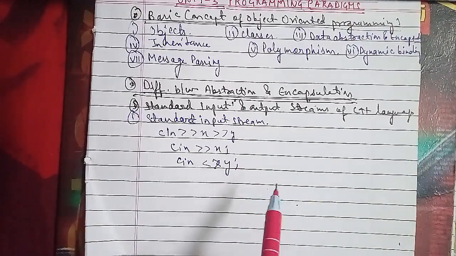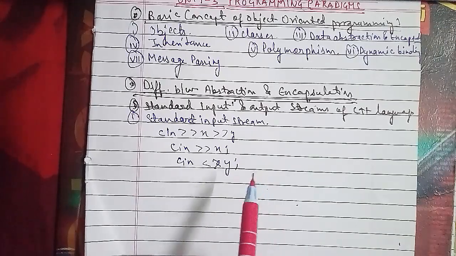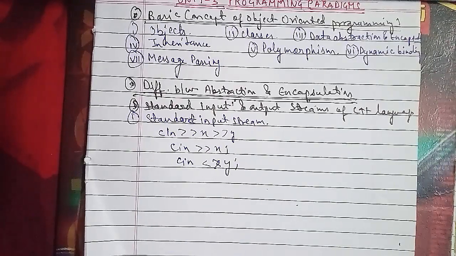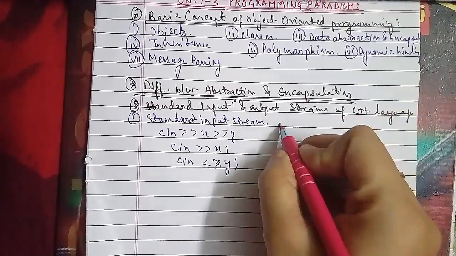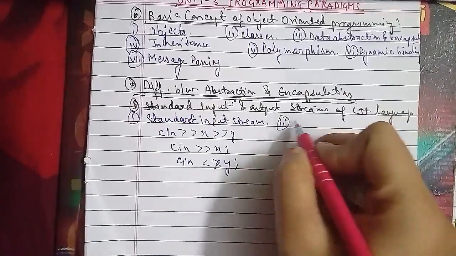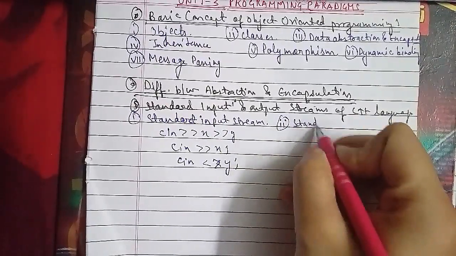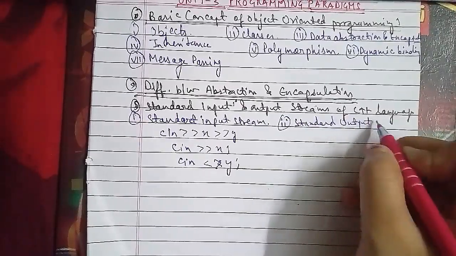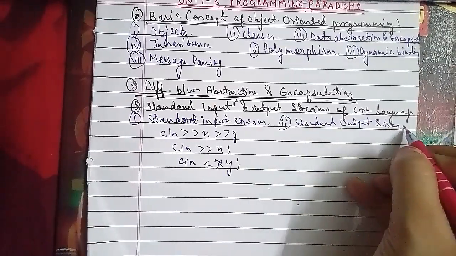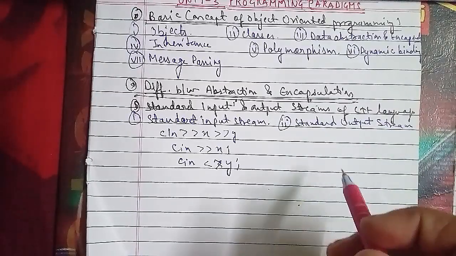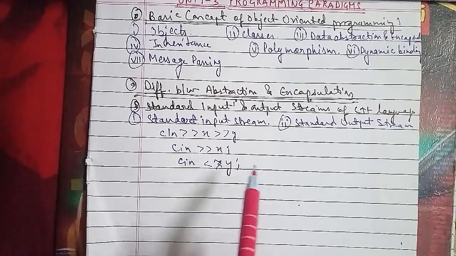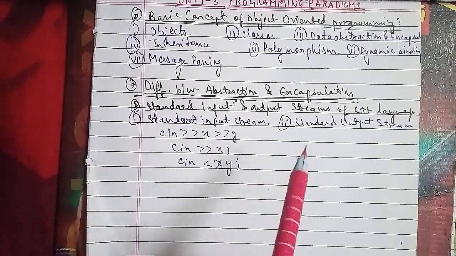For example, cout of the subject ppl gives an output as ppl. Again, if you write principle of programming languages, it will give you as output principle of programming languages.